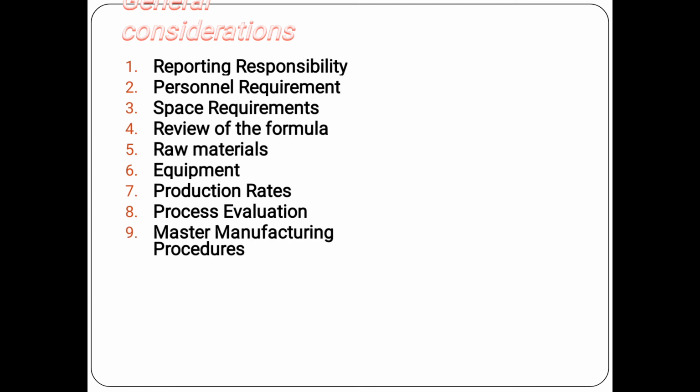Master manufacturing procedures. At the end of all those things you have to prepare one master formula where you include all the necessary information, starting from the master formula, and mention at the end which procedure has to be carried out at which stage. To produce a tablet or to prepare a solution, which steps have to be followed, which steps have to be carried out, which ingredient is added after what, at what time you have to provide stirring, or if you have to provide cooling, how much temperature you have to maintain.